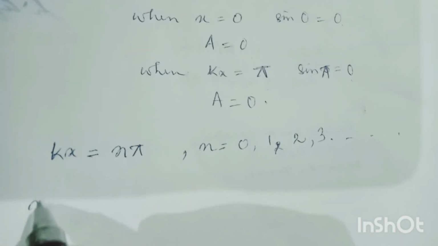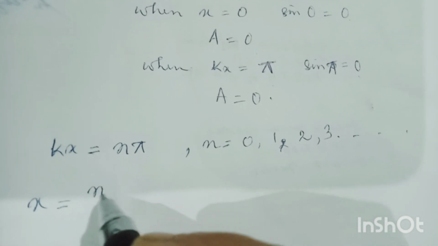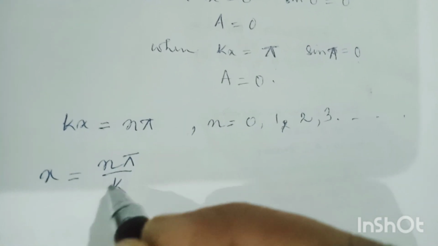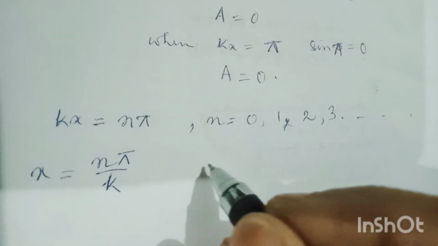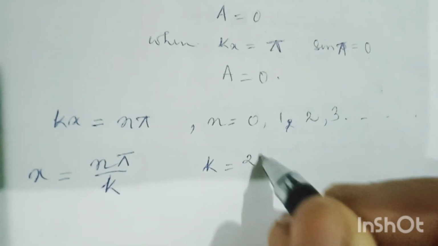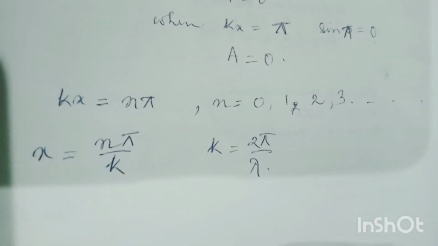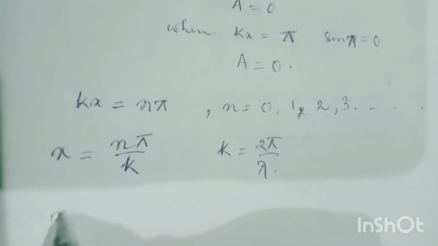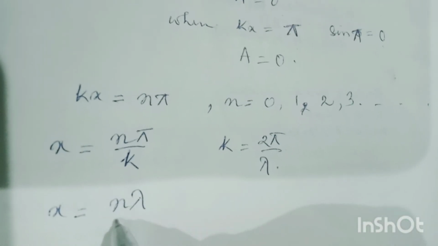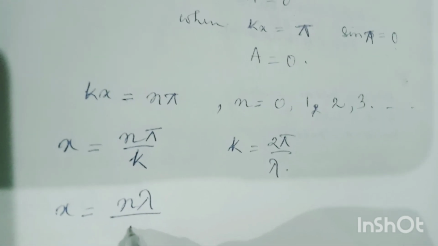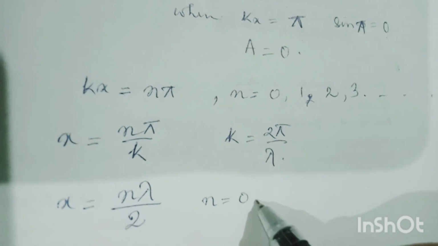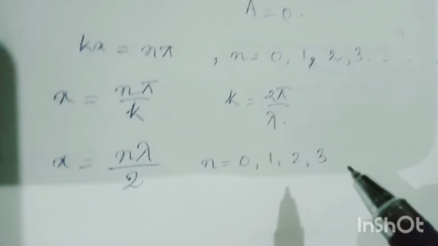Therefore x is equal to n pi by k, where k is the wave number. We know the wave number is equal to 2 pi by lambda. Therefore x is equal to n lambda by 2, with n equal to 0, 1, 2, 3.